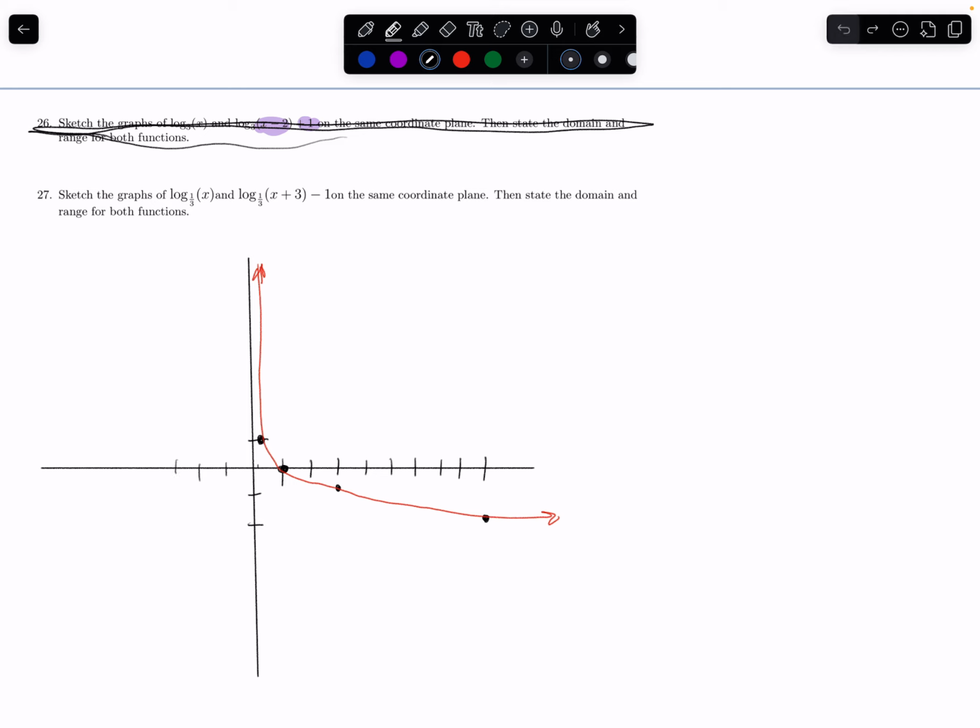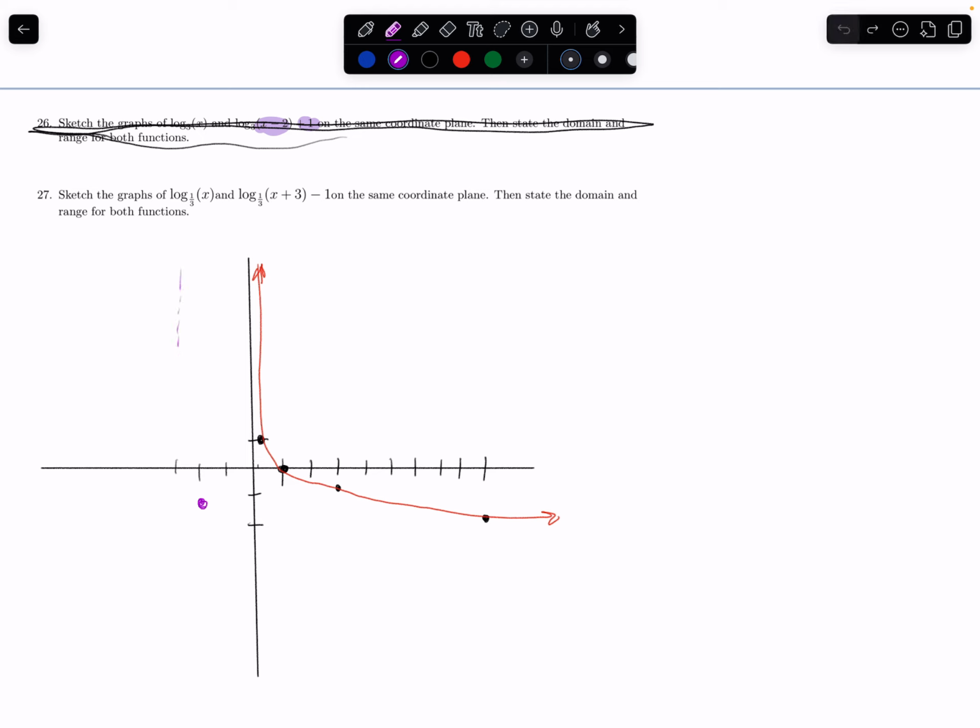I was supposed to use purple because I've been using purple. 3 left, 1 down right there. Okay, this guy, 3 left, 1, 2, 3, 1 down, puts it right here. This guy moved there. I'm sorry, the first point is actually inaccurate, because it's not quite hitting this asymptote here.